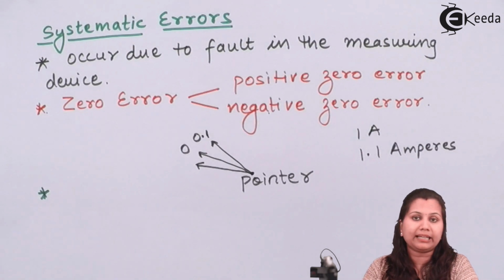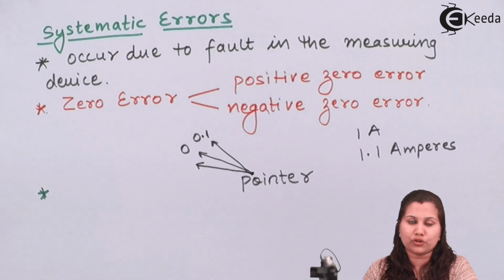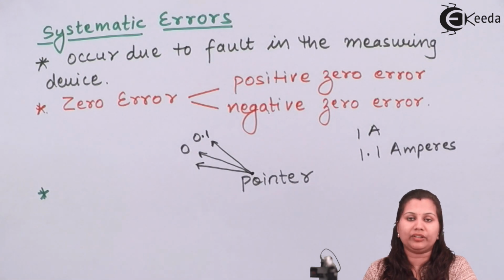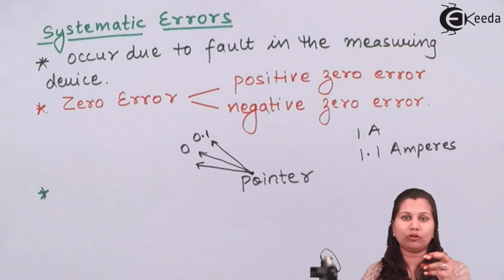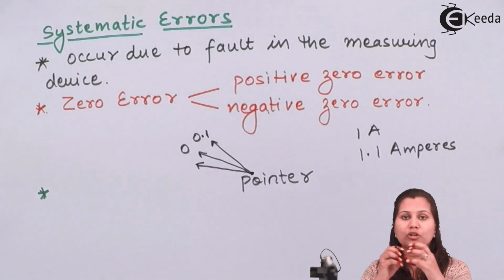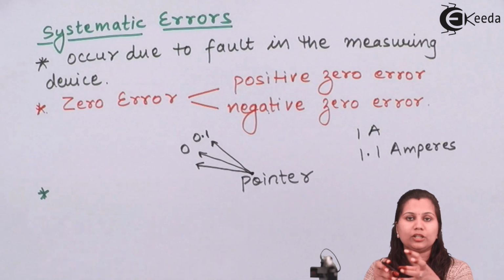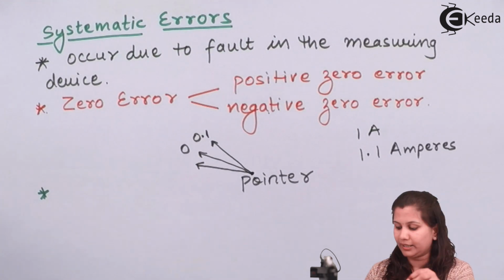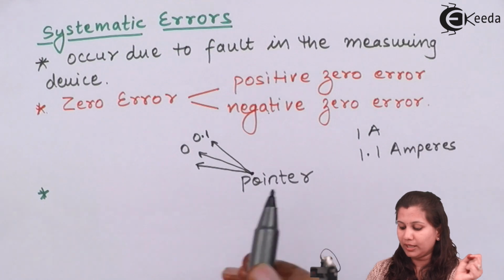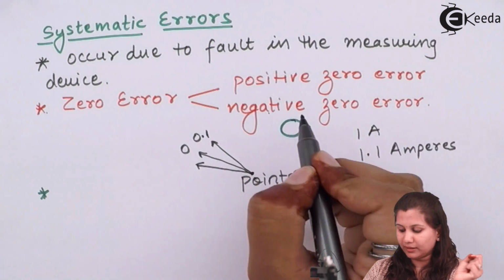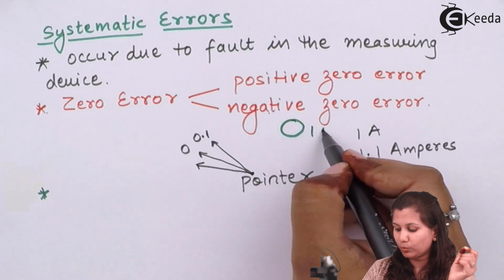Now these systematic errors can be eliminated by doing the calibration of the instrument. Calibration means that we are using a standard quantity whose value we already know. We measure that standard quantity with the instrument, and then we calibrate or change the readings of the instrument so that the instrument reading is equal to the value of the standard quantity. Suppose we know that the current flowing through a particular circuit is 1 ampere.